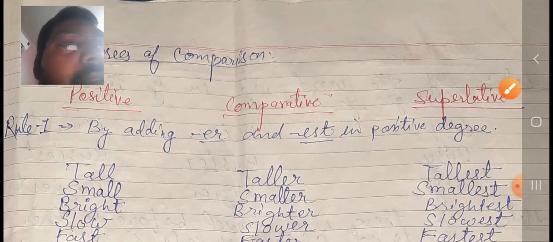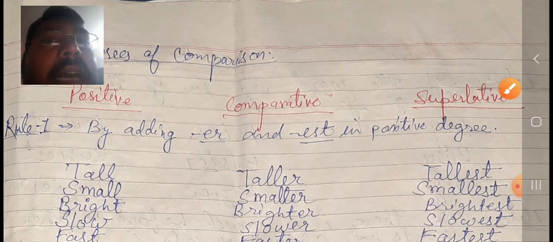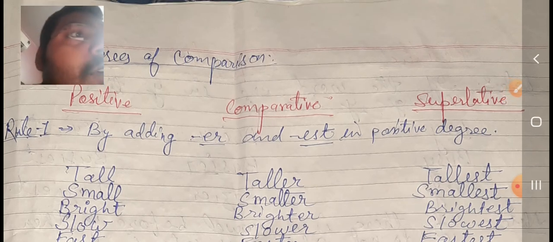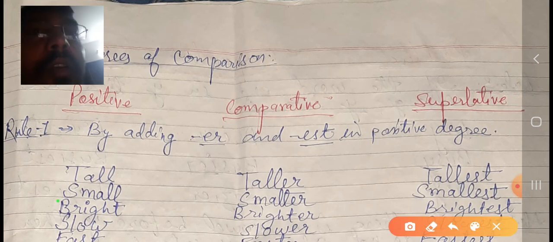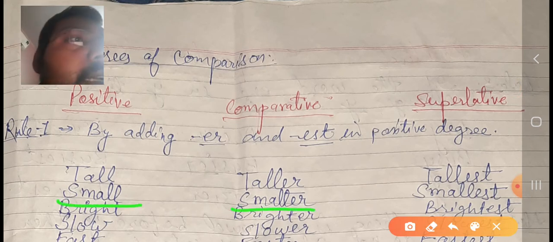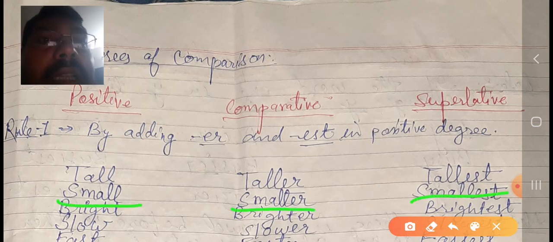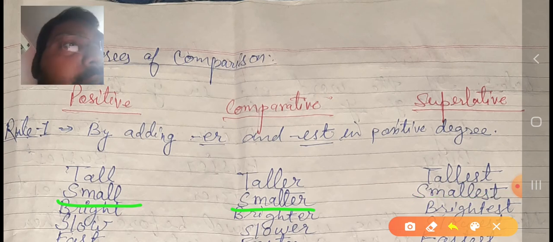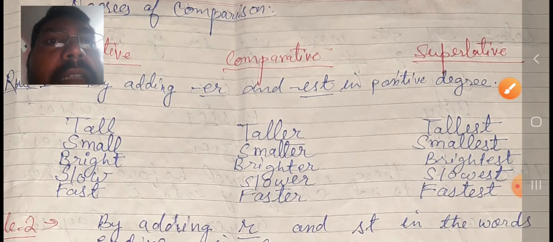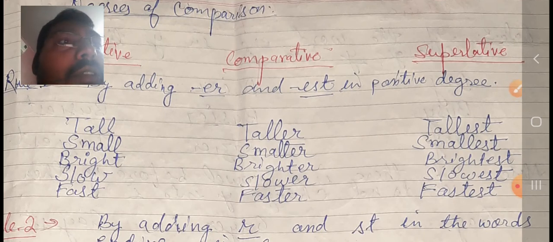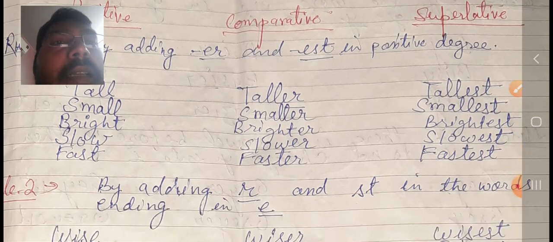In the same way, there is a word small, then we get smaller and smallest. In the same way, we have other words: bright, brighter, brightest; slow, slower, slowest; fast, faster, fastest. Only by adding ER we get comparative degree, and by adding EST we get superlative degree.